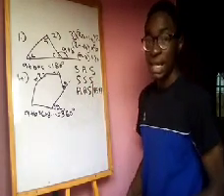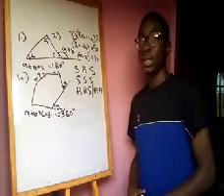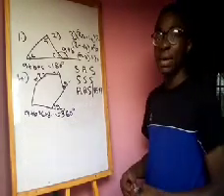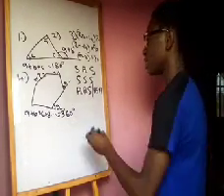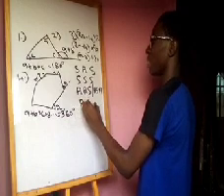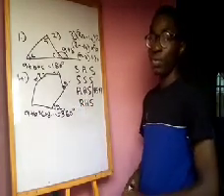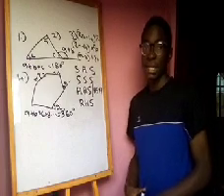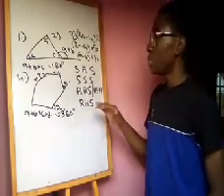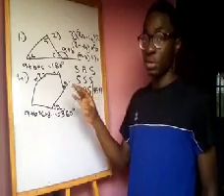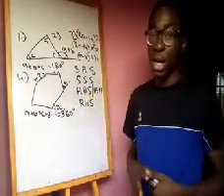So you can have it as AAS or ASA. Then the last condition for congruency is that you can have a right angle, the hypotenuse, and any given side. When these are equal to each other, you can conclude that the two triangles you are considering are congruent to one another.